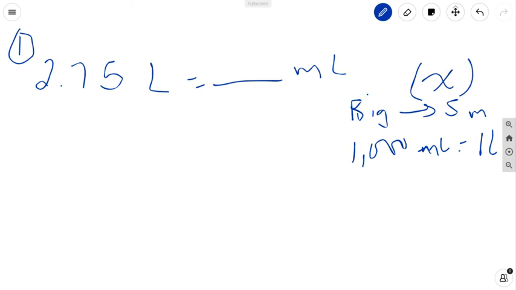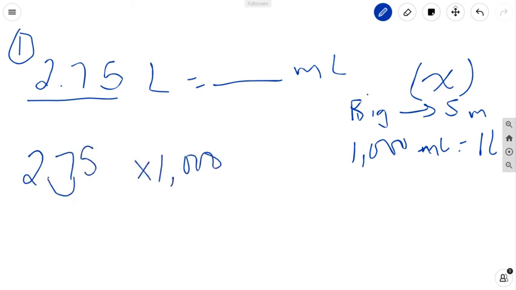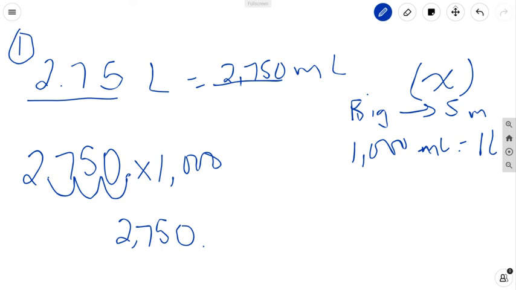So we're going to be multiplying 2.75 times 1,000. So 1, 2, 3 spots. Fill in the empty spot with a 0. 275. There's my number, which is 2,750. Okay, that's it. Let's try another one.